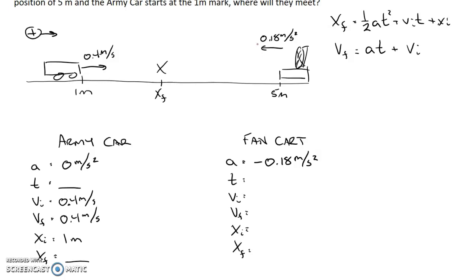All right, this is to the left, which is where the negative sign comes into play. We don't know when they'll collide. It has zero velocity to start because it starts at rest, which is an important thing to notice in the problem. And it's going to have some velocity when it strikes the car. We don't know. It starts at 5 meters and it finishes somewhere.